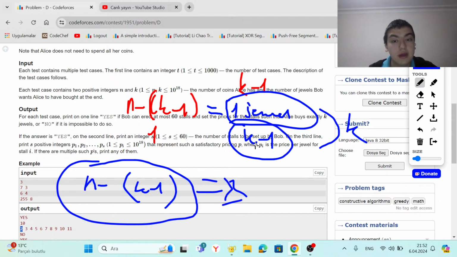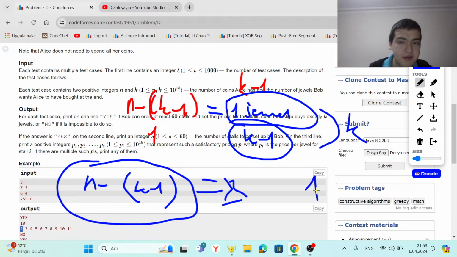And we don't want to have a jewelry that is smaller than k minus 1. We don't want to have a coin that is smaller than k minus 1, because if we have less than k minus 1, we cannot reach k by putting 1 or something else, because we should bring the maximum number of jewelries that we can buy.